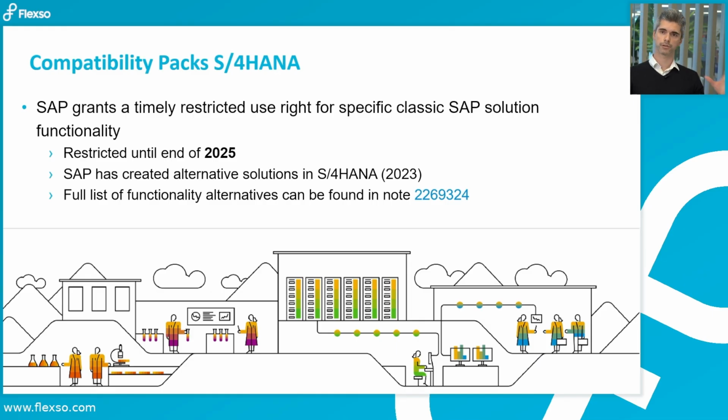It's a huge Excel file with tons of old functionality that is going to be replaced. It spans all domains also, so it's not just production planning, it's finance, plant maintenance, quality management, customer service, right? And you can find all of it in that one SAP note.